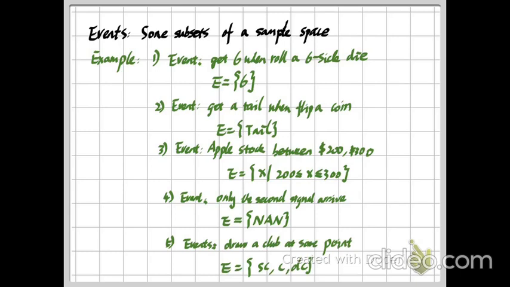So that means we will have 3 possible results. 2 of them are where we get the club as the second draw, and 1 is where we immediately have it as the first draw. So this is an example of the sample space and event, and hopefully you now have a clear idea of what a sample space is and what an event is.